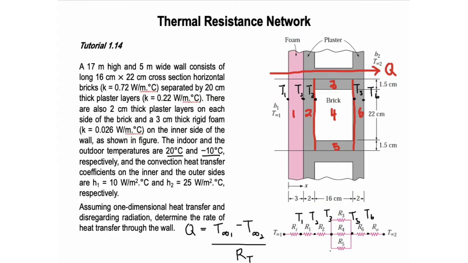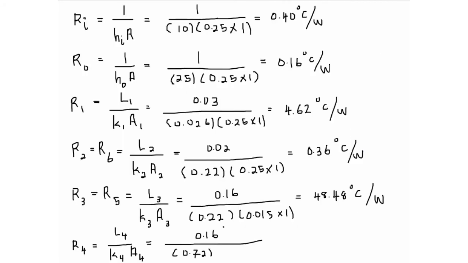Height is 22 centimeter, so it means 0.22 multiplied per unit width. So here you're gonna get 1.01.